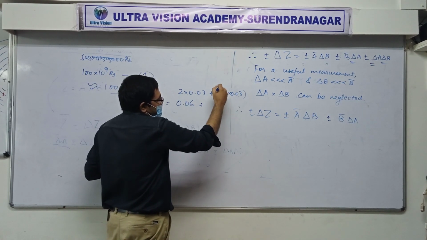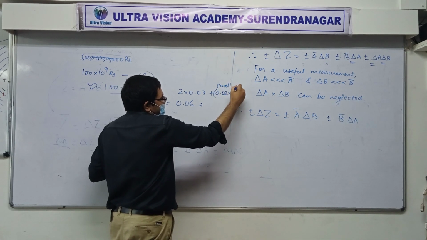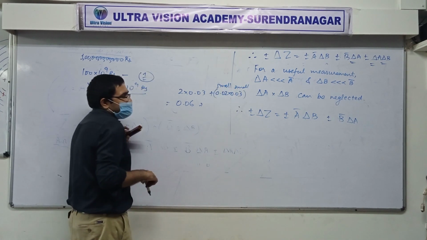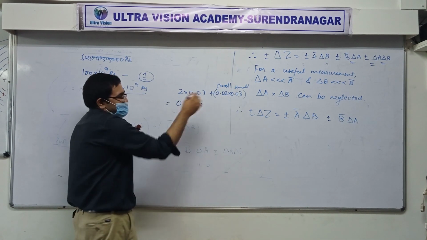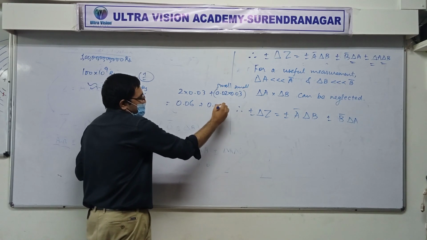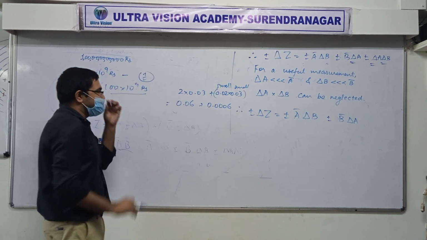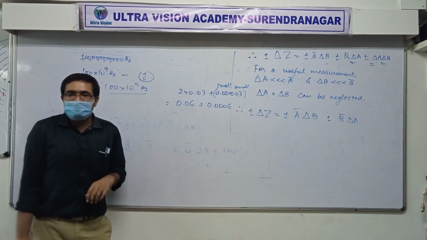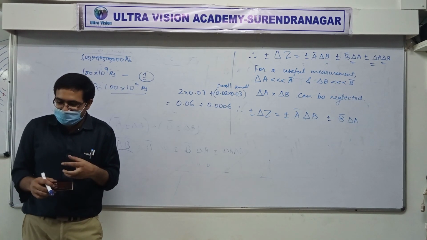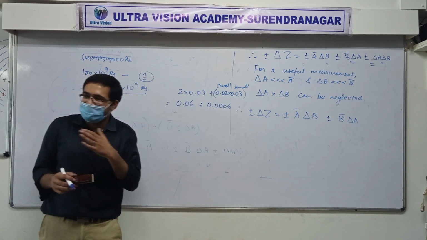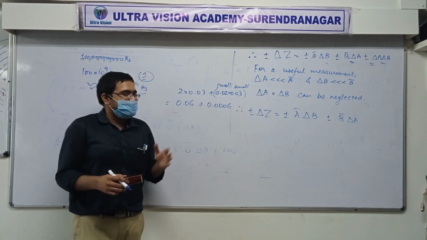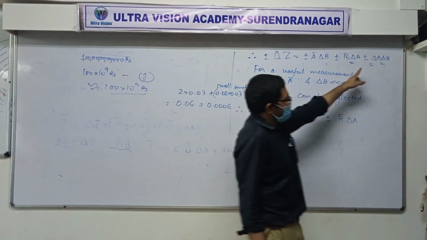When we multiply two small things, what is it? Clear or not clear? When you multiply two small things, the result is very, very small. That's why we are neglecting this one.